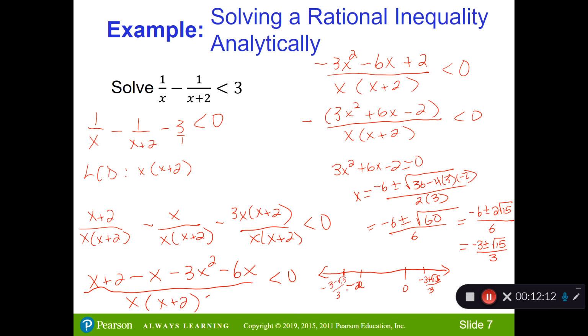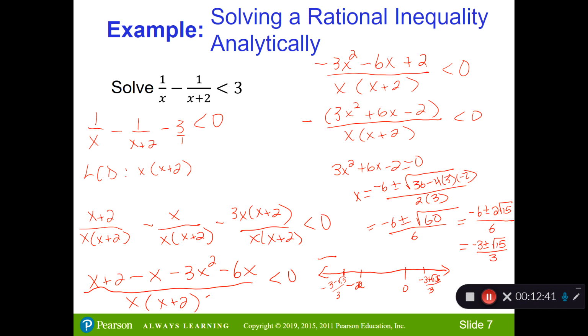Oh my gosh, so we've got to test all these intervals. So I'm going to pick a number less than that, so like negative 10 will work. Now I'm going to plug into our expression here. That would be negative 300 plus 60 plus 2. That would be a negative, negative, negative. 3 negatives make it negative over here. Now, in between here, we're getting a little tricky because remember I said this is really close to negative 2. So I want to pick a number that's going to be for sure between these two.